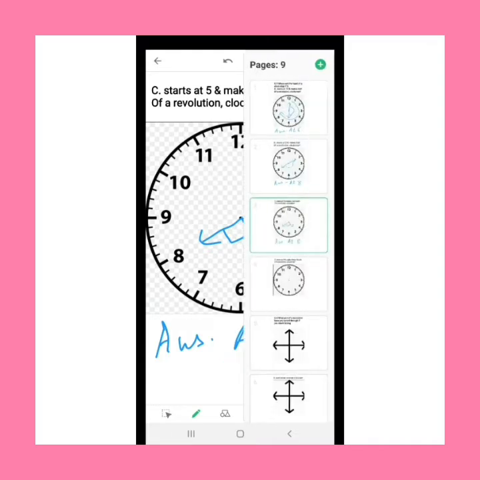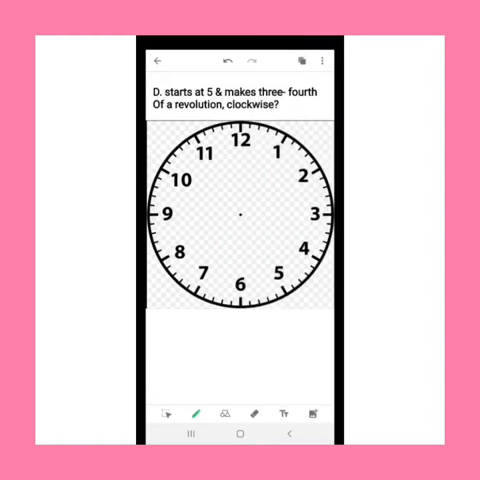Now the next part is the last question of this set: it starts at 5 and makes 3/4 of a revolution. Again, the starting point is 5 and it makes 3/4 of a revolution. 3/4 means up to 8, 1/4.